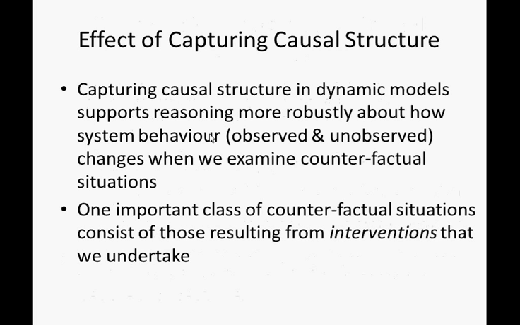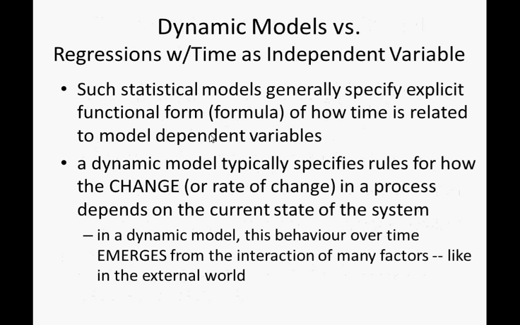If we're talking about changing the system, bending those curves, nudging things for the better, we're talking about changing things so that what we see going forward is different than in the past. And dynamic models can be of central importance there because they allow us to reason about that what-if, because they capture that causal structure.